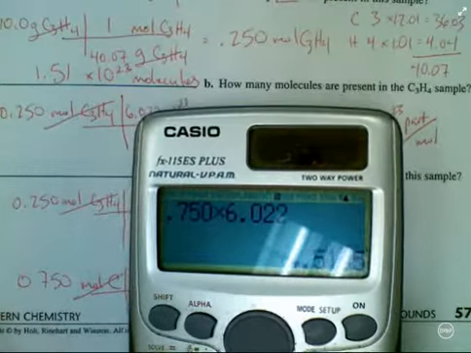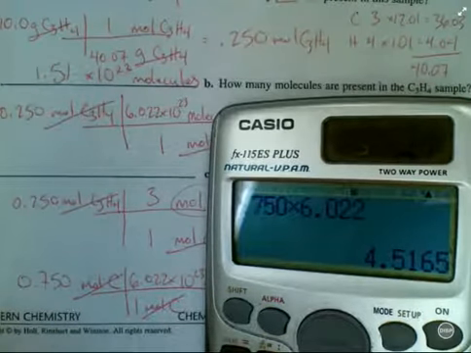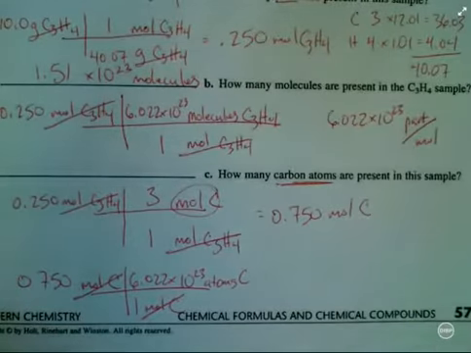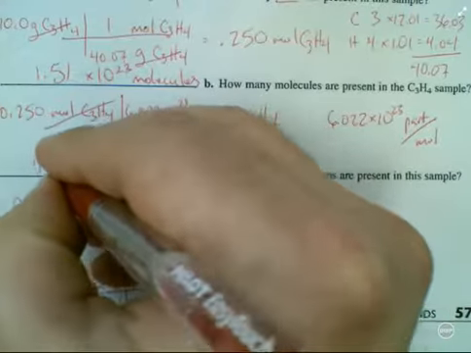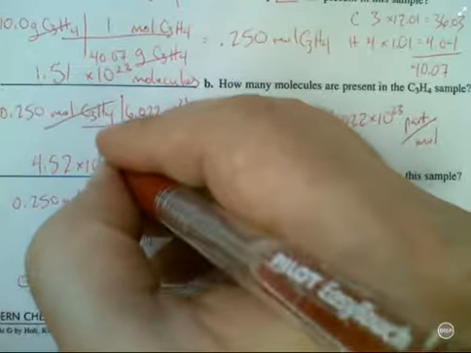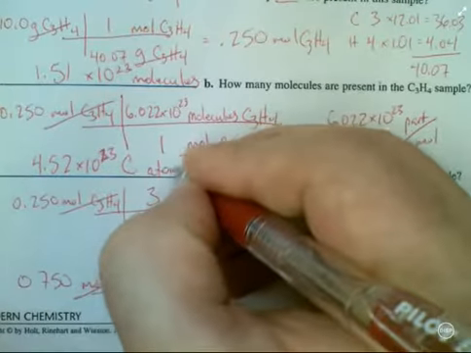Hooray. Okay, so, again, it looks like I'm limited to 3 significant figures by this 0.75. So I'm going to go 4.52. Looks like I got to round that up. 4.52 times 10 to the 23rd carbon atoms.